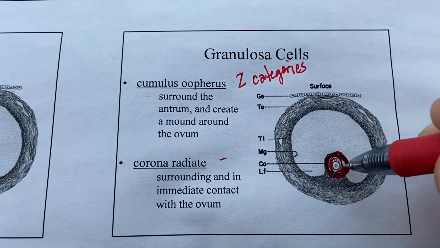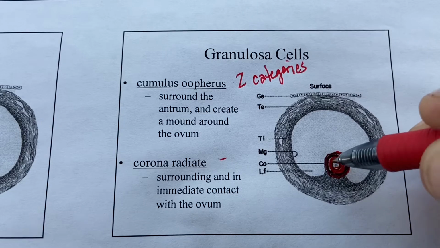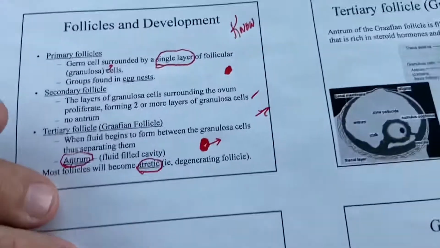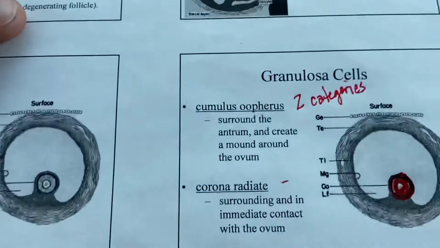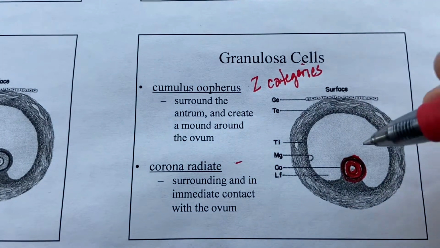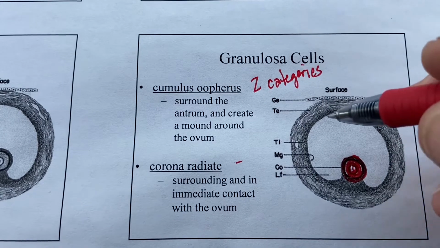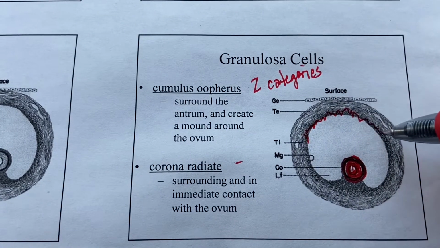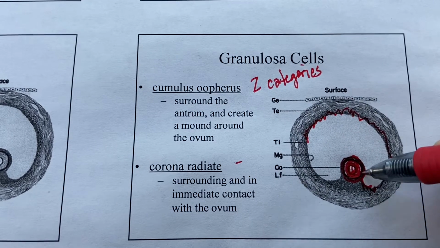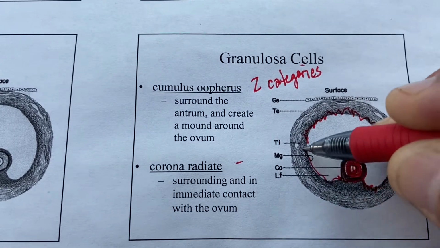Your corona radiata is going to be those cells right here, whereas your cumulus oophorus is going to be surrounding the antrum and the actual follicle.